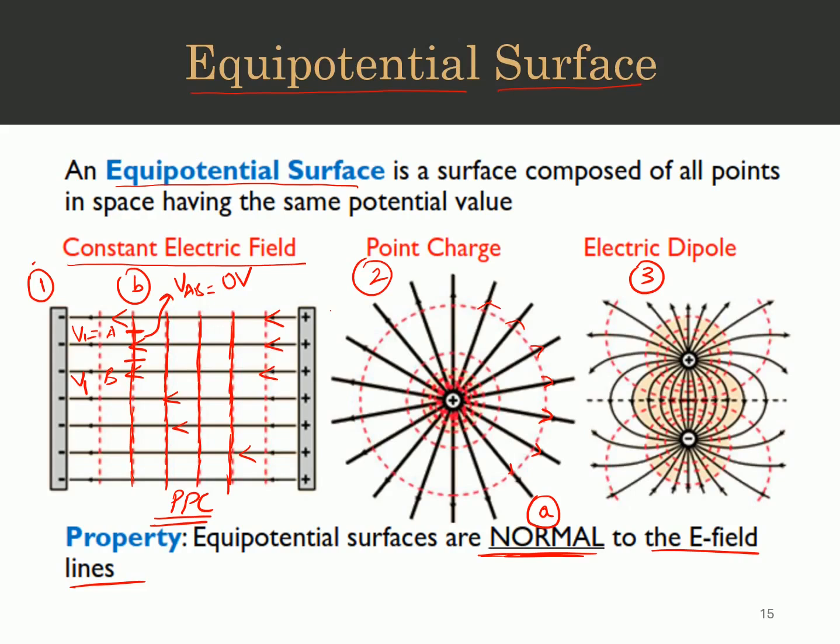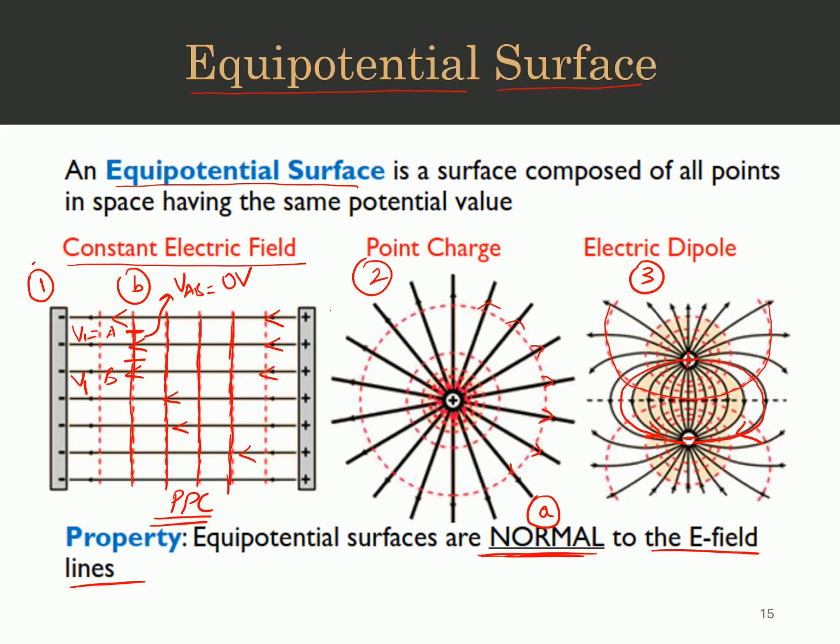A dipole has two polarities, a positive and a negative, and you can see the electric field lines in black emerging from the positive and going towards the negative charge. The equipotential lines are these red circular lines, which have potential differences of 0, or the same potential on each line.